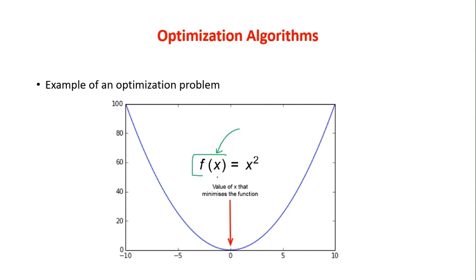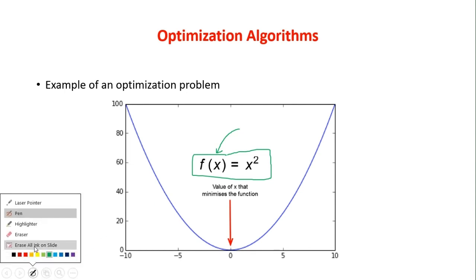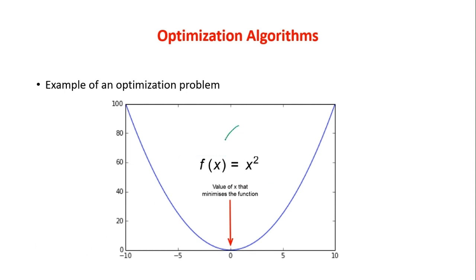Optimization means finding the value of x in such a way that it minimizes the function, that means x squared. If you plot a curve like this, at what value of x does the function produce minimum output?